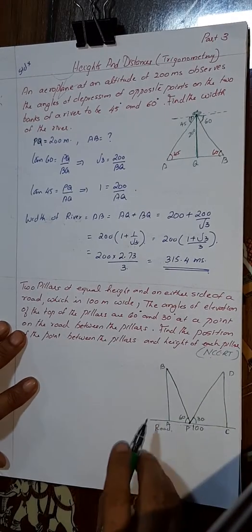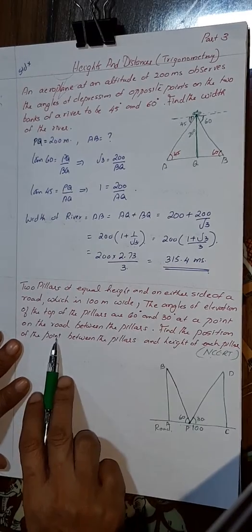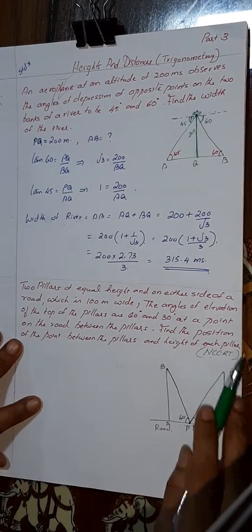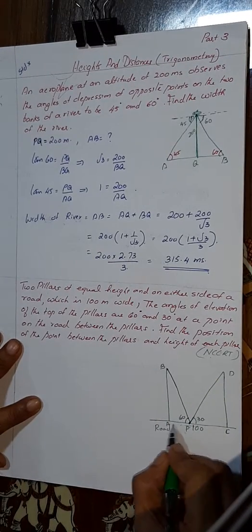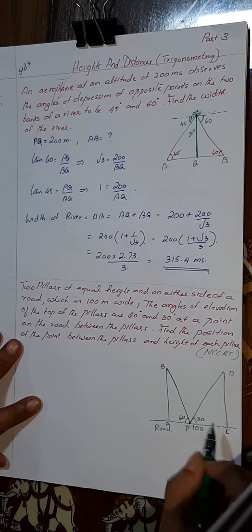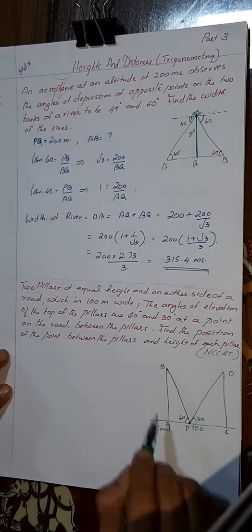So one is 60 and one 30. Find the position of the point between the pillars and height of each pillar. Now we have to find the distance AP and PC and also the height of the pillar.